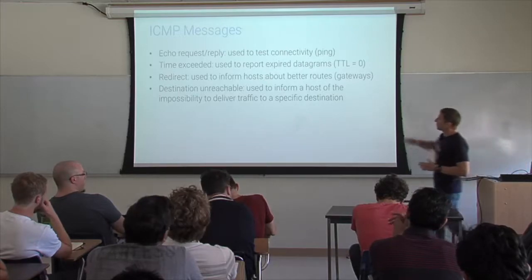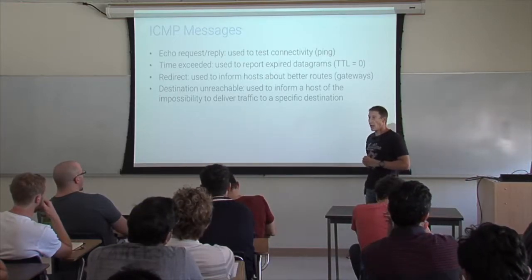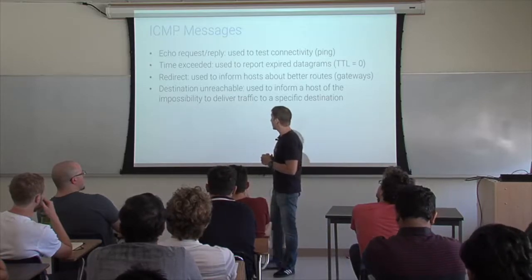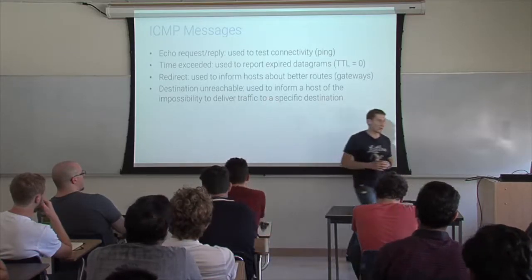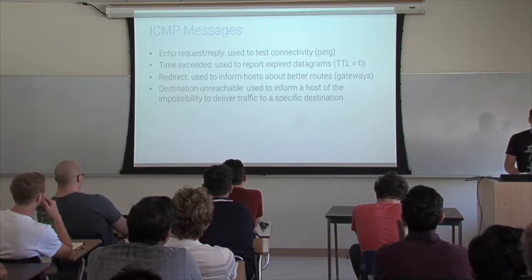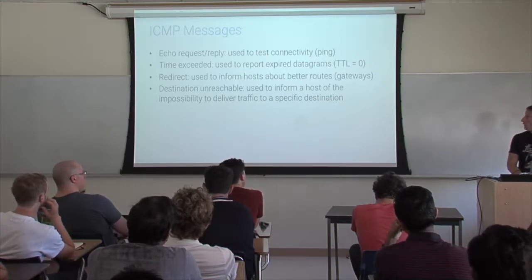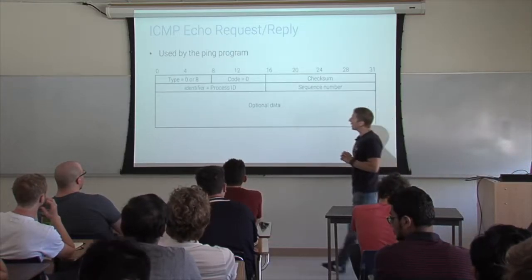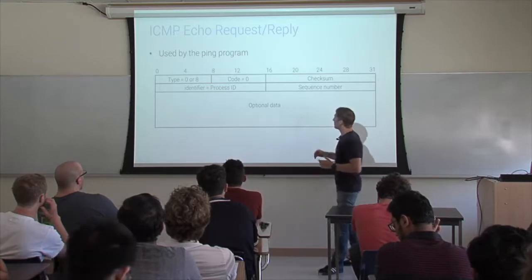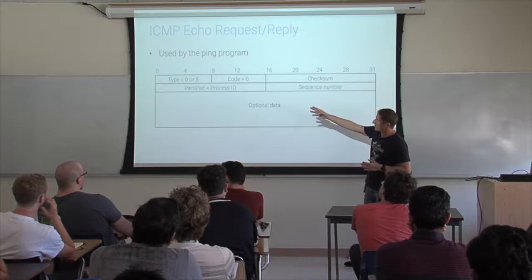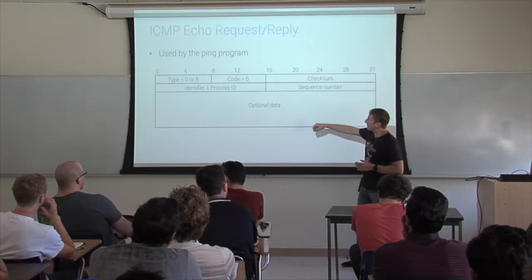Also, redirect, as we will see, you can use ICMP to change the way people see routing dynamically. And also the classic destination unreachable, which tells you that this packet cannot reach its destination for a number of reasons. This is the ICMP echo request and reply. There is the usual information. The type is either 0 or 8.